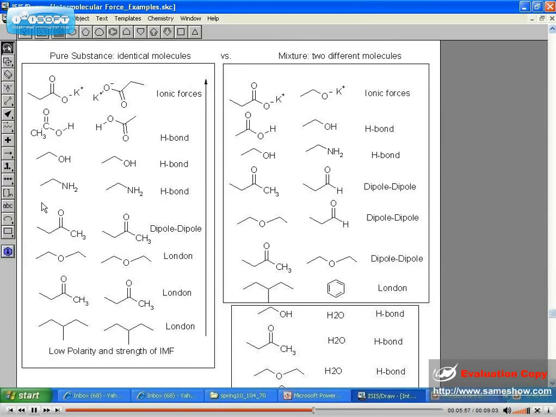Let's go down over here. Here we have dipole-dipole forces. Why? Because there's an overall dipole that's going up. Here there's an overall dipole that's going up. Consequently, they're attracted to each other due to partial positive, partial negative overall dipoles.